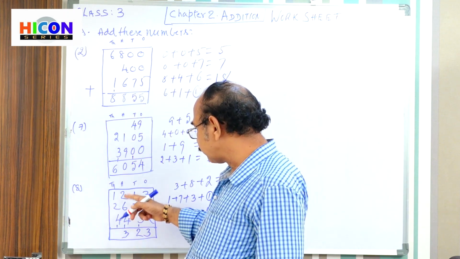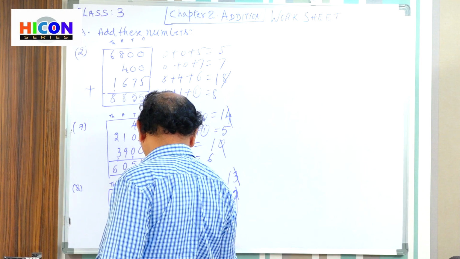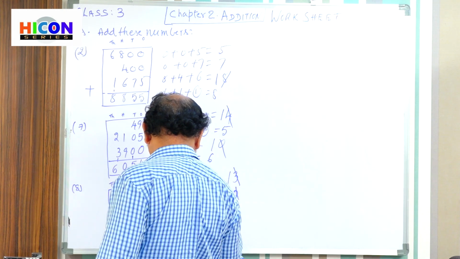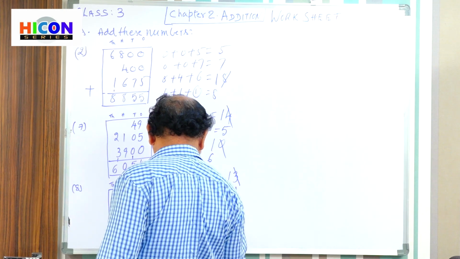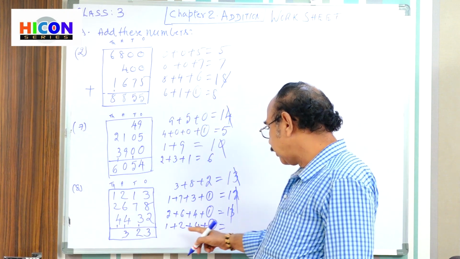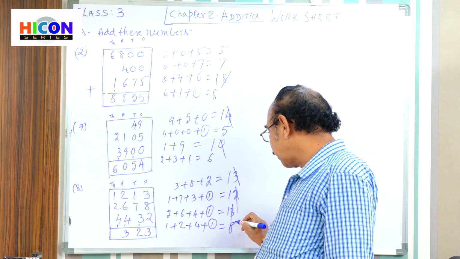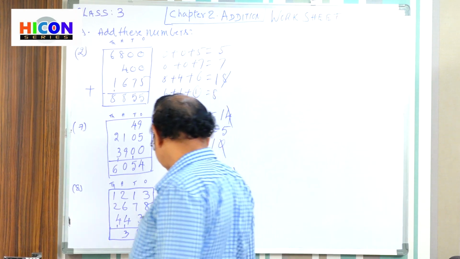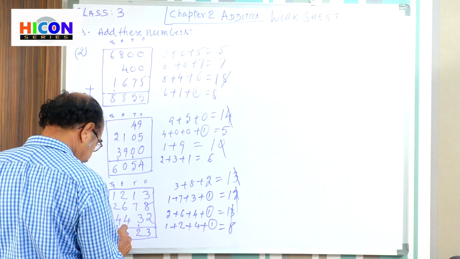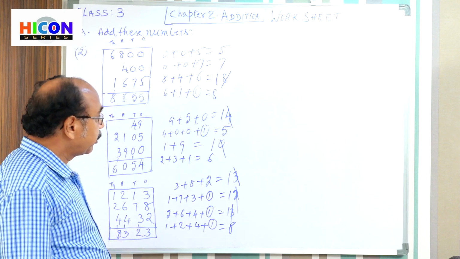Now add the digits of thousands place. 1 plus 2 plus 4 plus 1 is the carried thousands. Add 2 plus 1, 3, 3 plus 4, 7, 7 plus 1, 8. 8 thousands. 8,350.